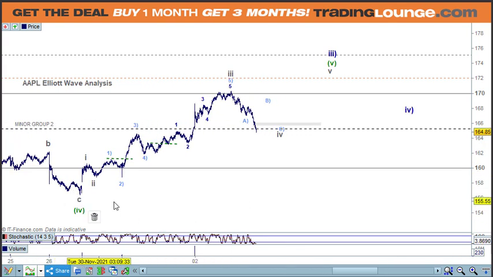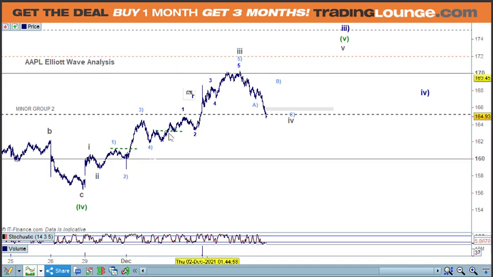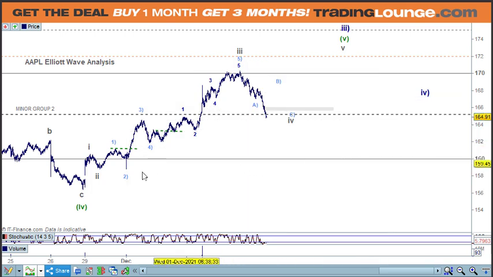We've got an impulse wave here, and then we've got this impulse wave and a correction, and then 3. Yeah, a bit of an extension in wave 4, and 5's not really working here that much. That would take us, let me just get this low to this high. That's coming back to the 50% rather than the 40%. But we've seen that in the last wave 4 too. It came in at 50% rather than 40%.